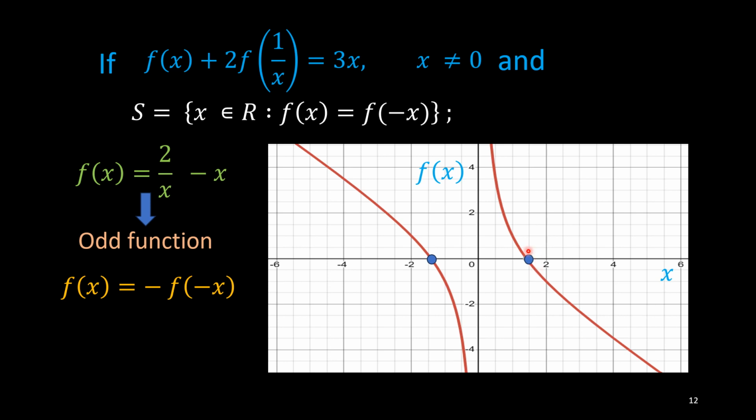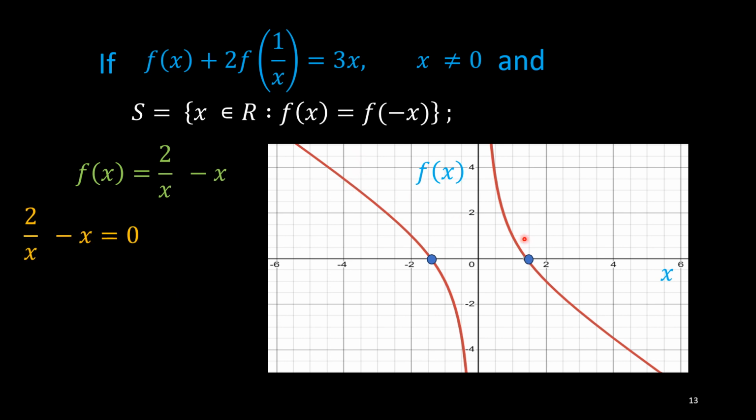But again, if I ask you what is the exact value of the elements of S, that also we can find out. So for that we need to solve this. f of x equals 0 means 2 upon x minus x equals 0, and if you solve it, you will get x square equal to 2.